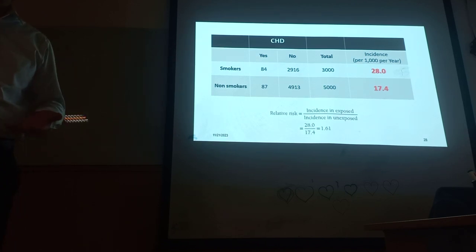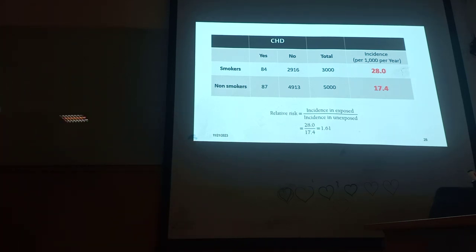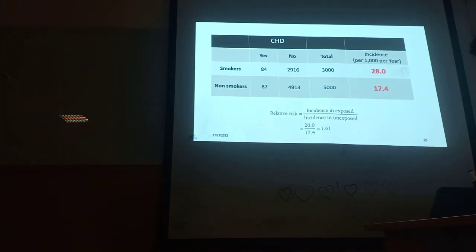But how much? 1.6 times. Those who smoke have 1.6 times greater risk of developing coronary heart disease compared to those who do not smoke. So this is the concept of relative risk.